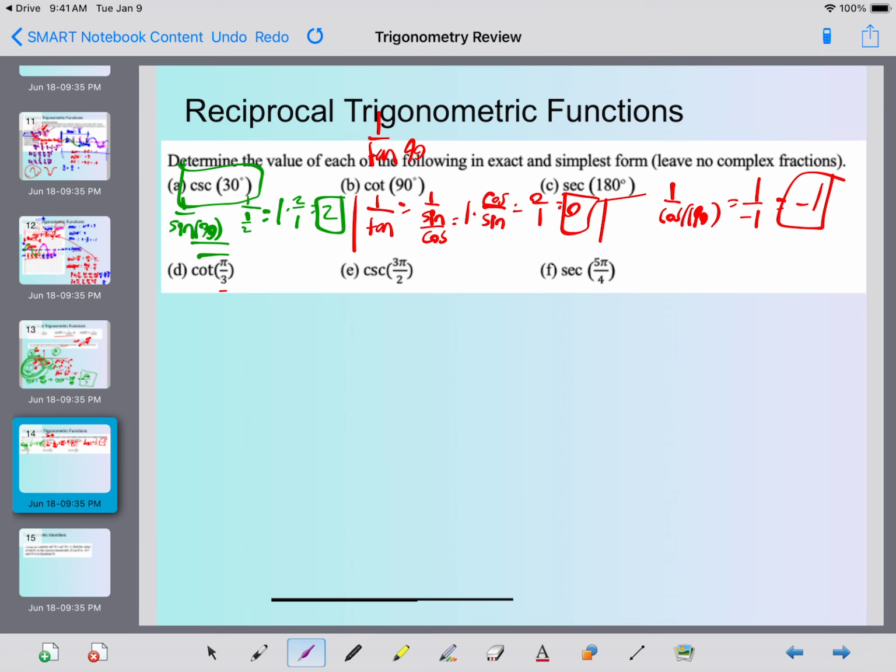So I recommend converting to degrees first. So remember to convert from radians, it's on your reference sheet. Usually radians have pi in the numerator. You want to get rid of that. So it's going to be 180 over pi. 180 divided by 3 is going to be 60.